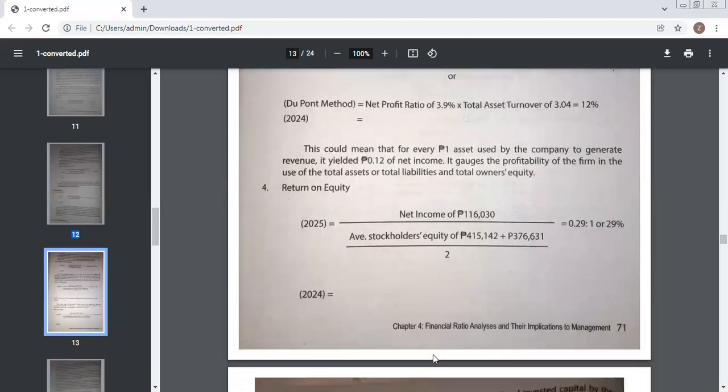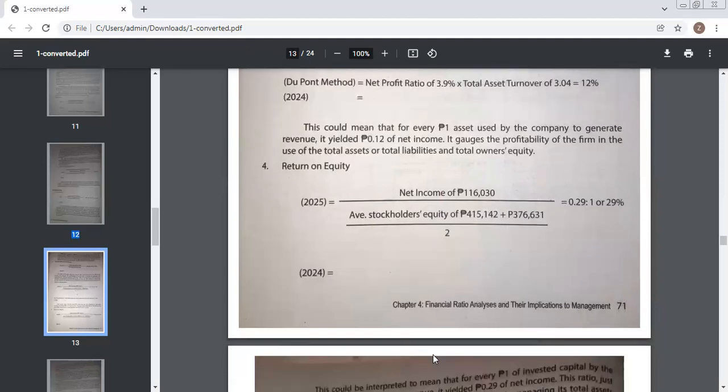Return on equity. Its formula is net income over average stockholders' equity, which is the sum of the beginning and ending equity over 2. So the given is net income of 116,030 pesos, and average stockholders' equity of 415,142 pesos plus 376,630 pesos over 2.